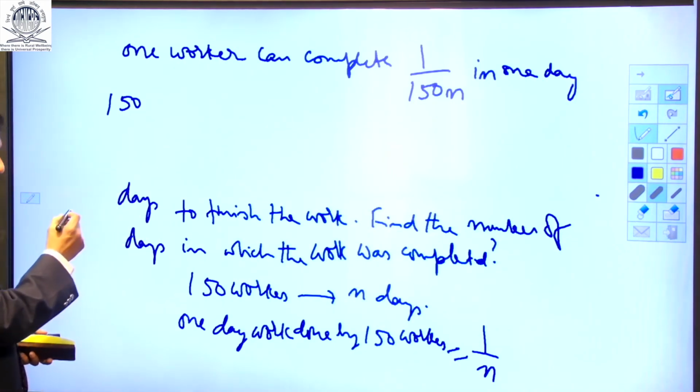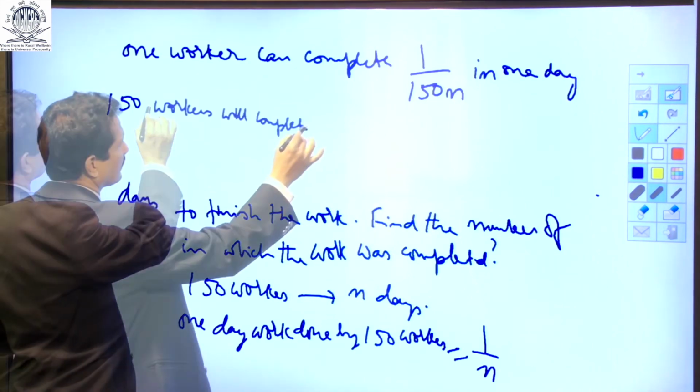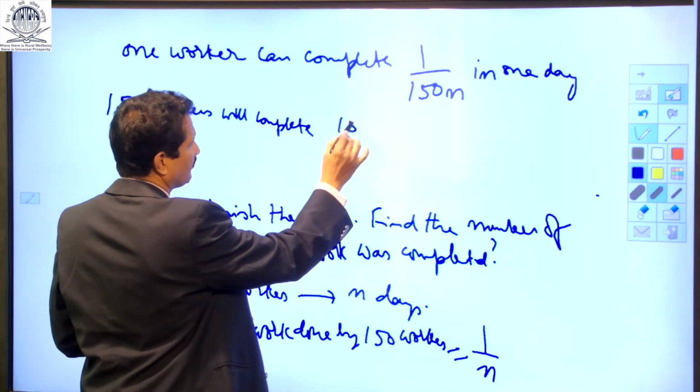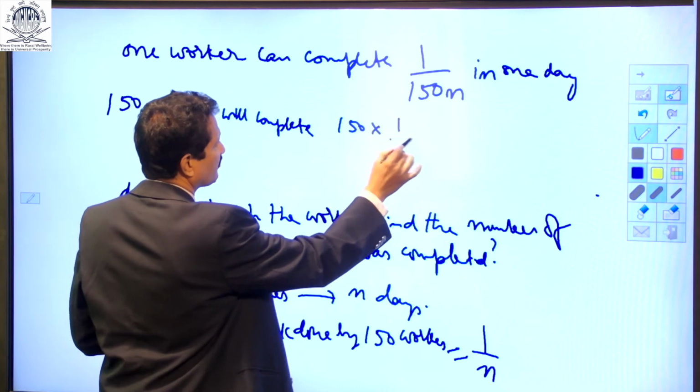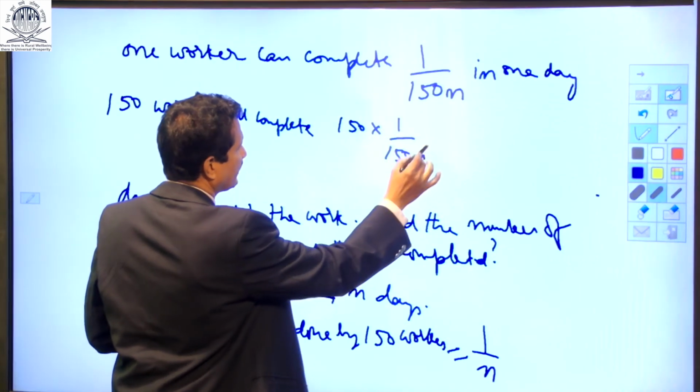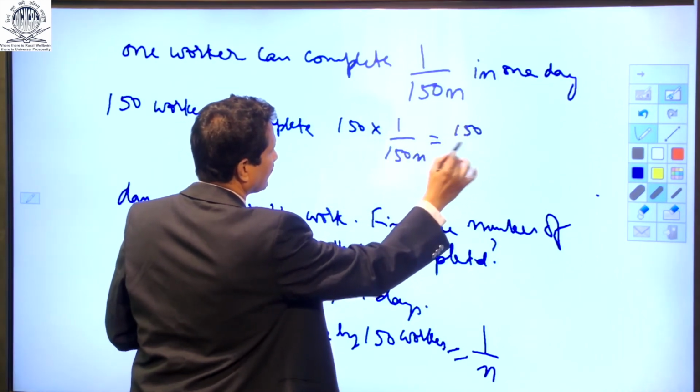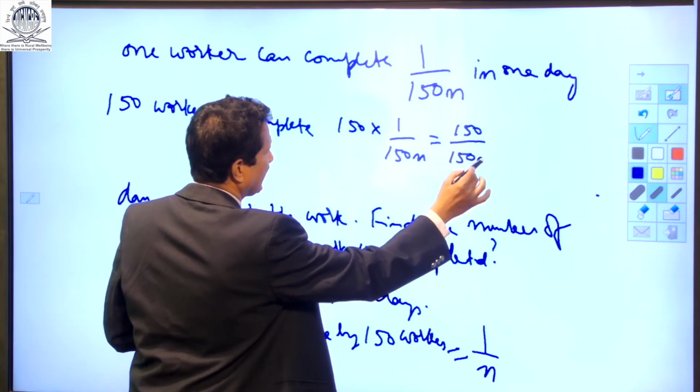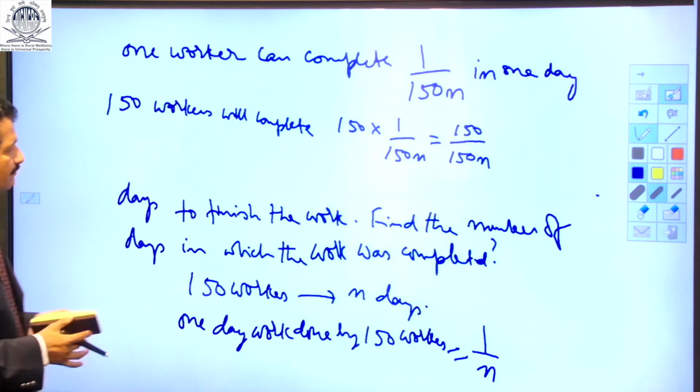So 150 workers will complete 150 into 1 by 150n, which comes to 150 by 150n of the work.